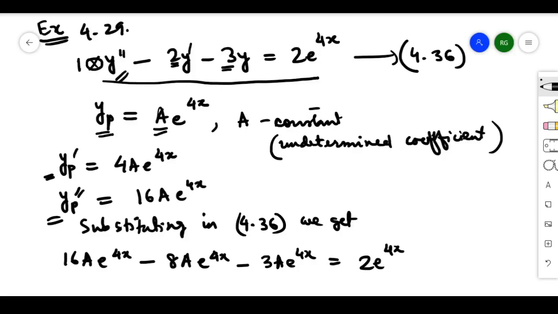All these are real constants. And also you see the function on the right hand side, which is actually the non-homogeneous term, and we know the domain of this function is R. So here the interval in which the solution will be valid is actually R. The interval is minus infinity to plus infinity.